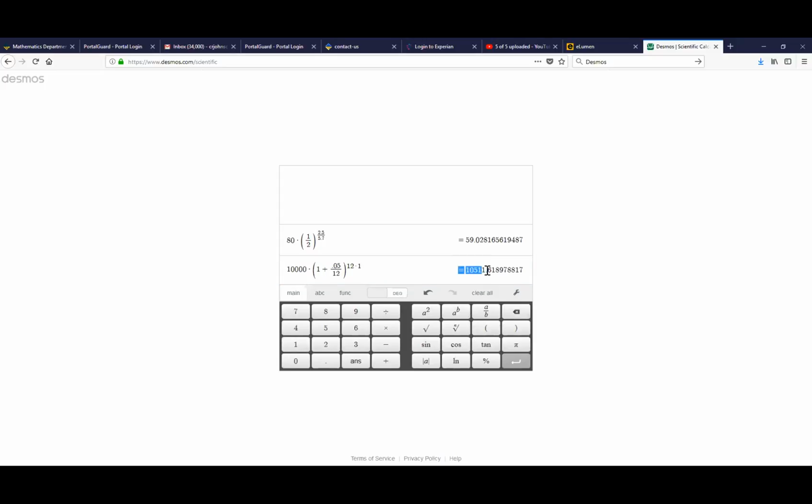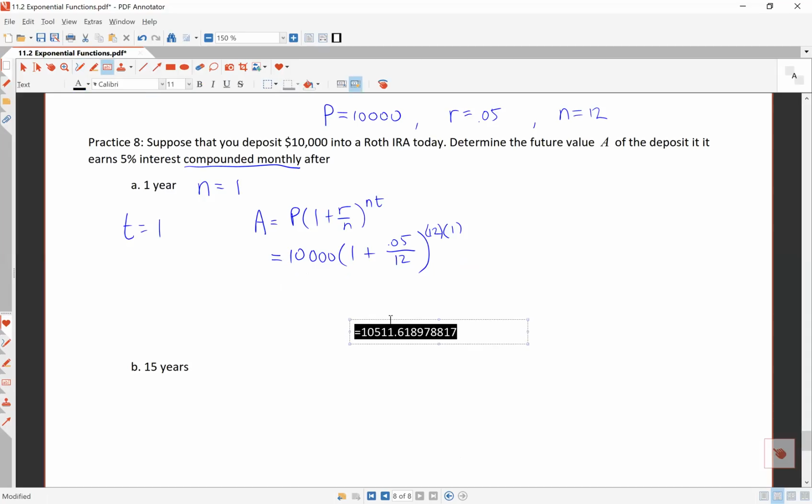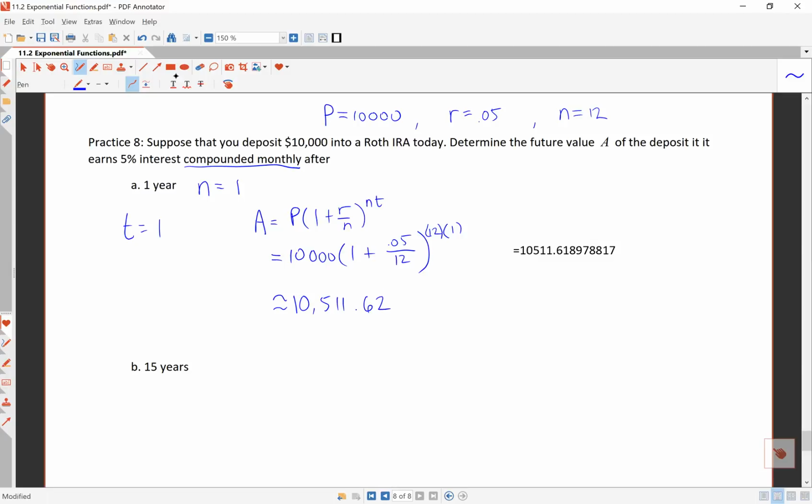And we get 10,511 and 62 cents. So let's estimate this as $10,511.62.